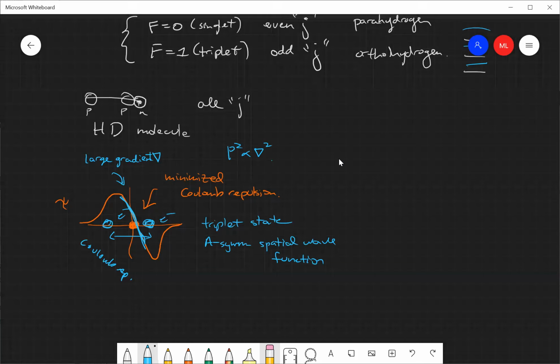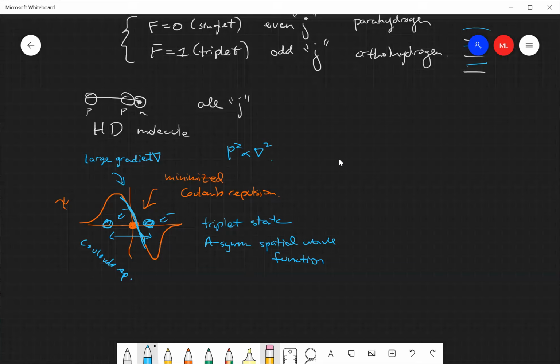So the sharper the variations are in the wave function, the larger kinetic energy you have. So there's a kind of trade-off: you can minimize Coulombic repulsion at the expense of having higher kinetic energy. So what does this all mean?